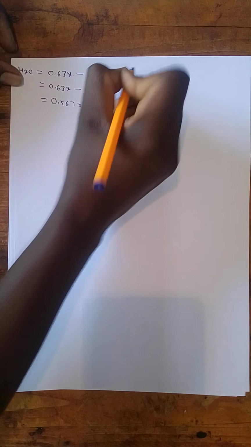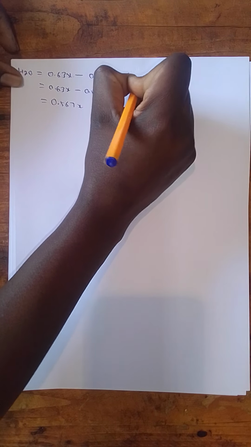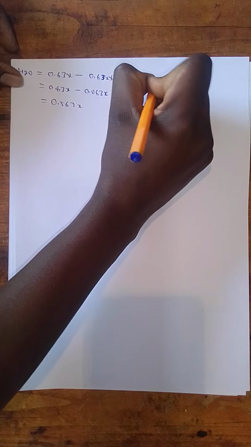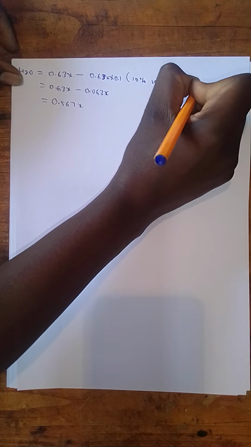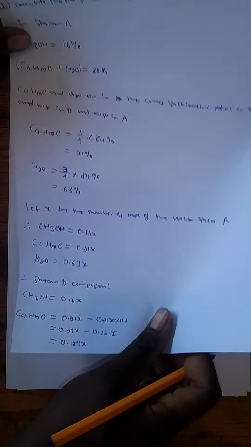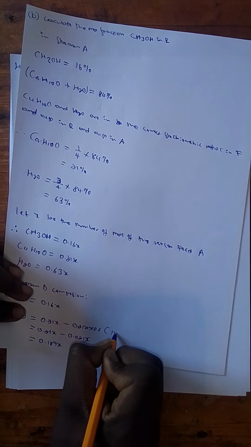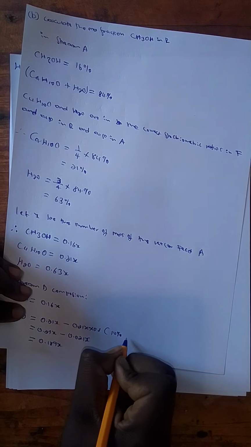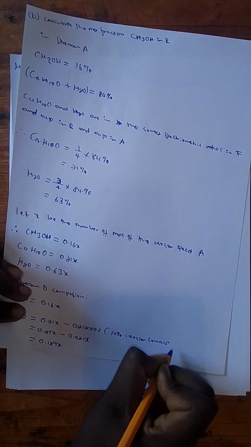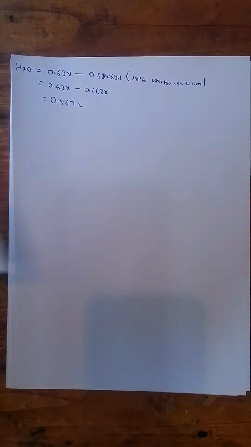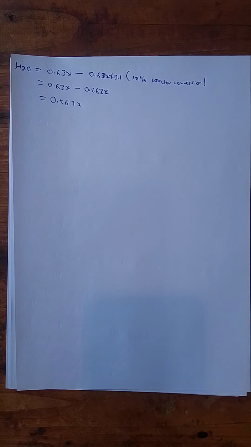And if you use your calculator, it gives you 0.567x. Let me just write here that this is the reason: 10% reactor conversion, right? And also let me write this one here, that this is a reason that is 10% reactor conversion, right?